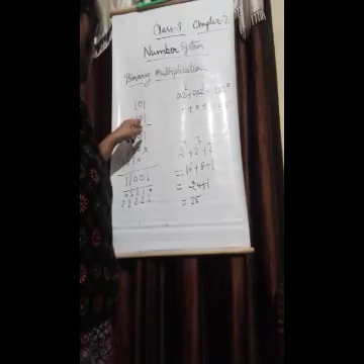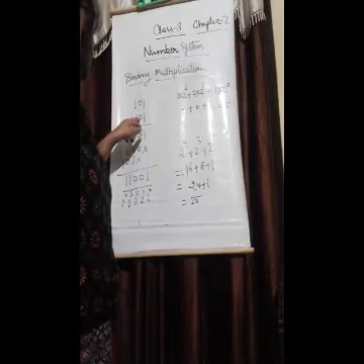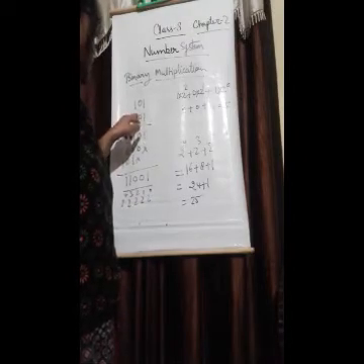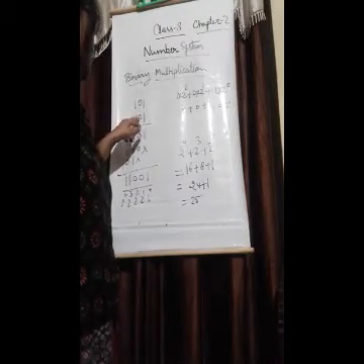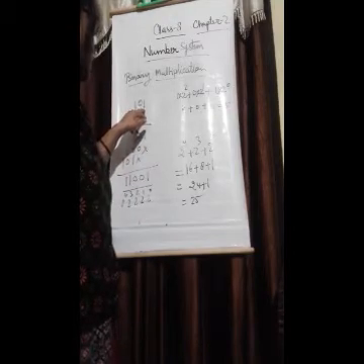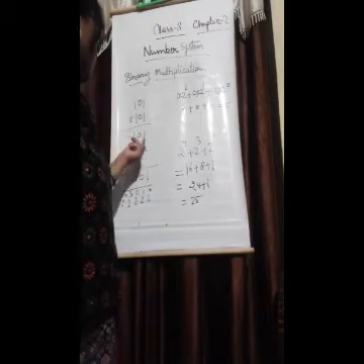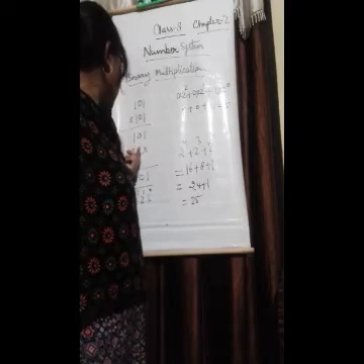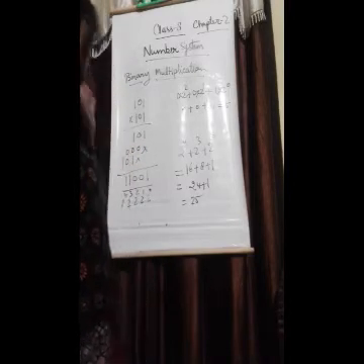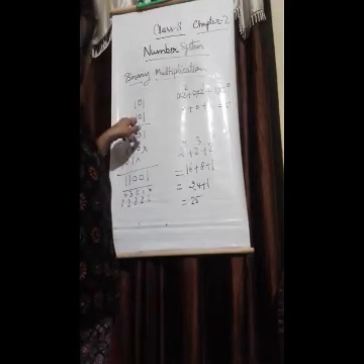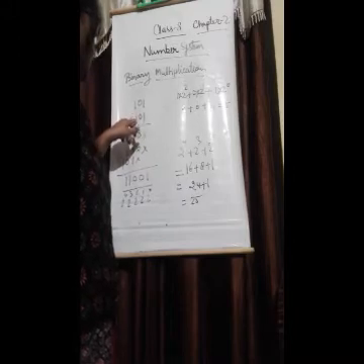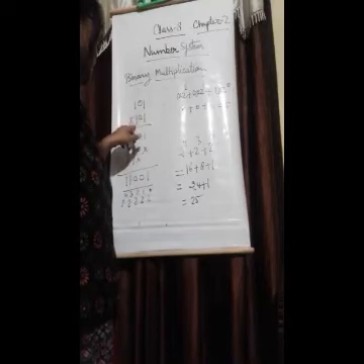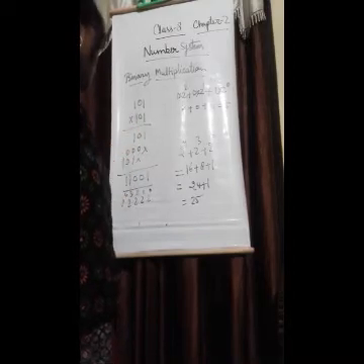When you multiply, suppose you have a 0 and you want to multiply 0 by 1. What will the answer be? 000. Again, you have to multiply by 1, so you will get the answer 101.